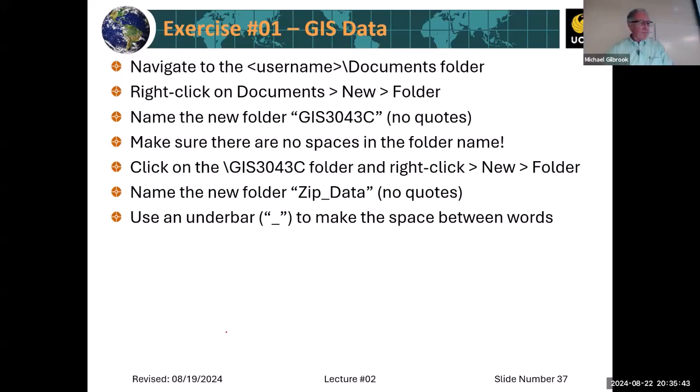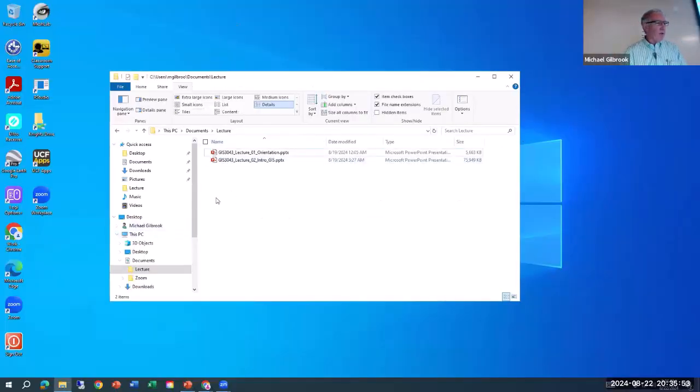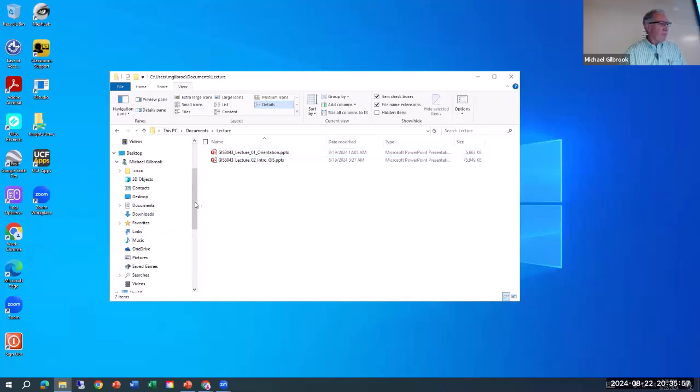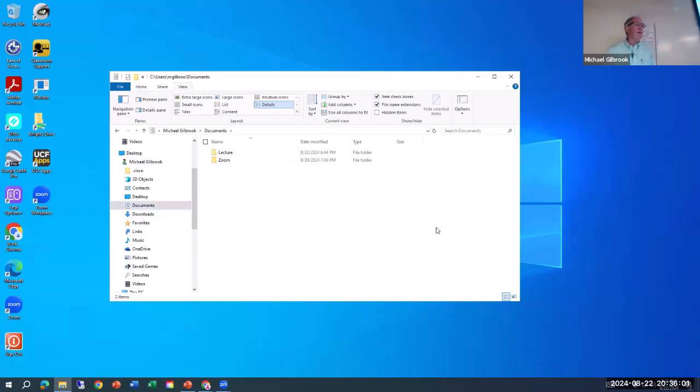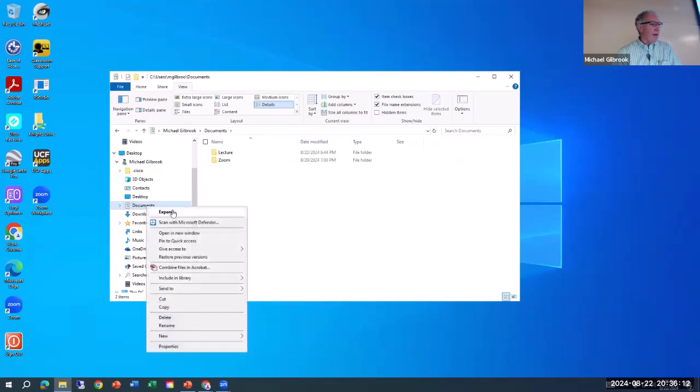So let's try that. All right, so let's go to your username and the documents folder. Okay, we all there? Everybody got that? All right. Now you can either over here in the view area or over on the right in the navigation pane, either place, you can right mouse click, new folder.